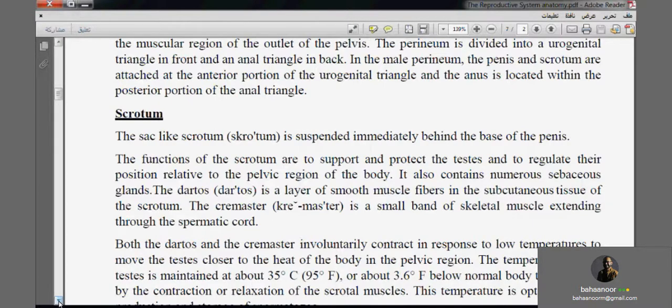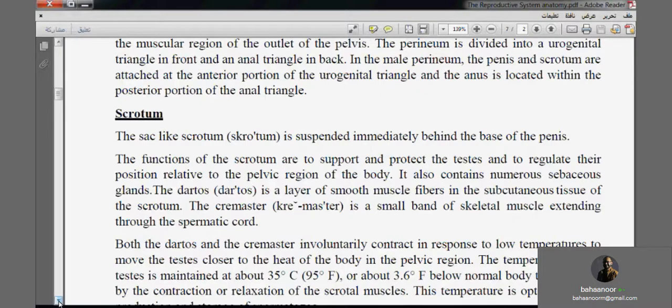Support, protect, and regulate the position of the testes relative to the pelvis. It also contains numerous sebaceous glands.